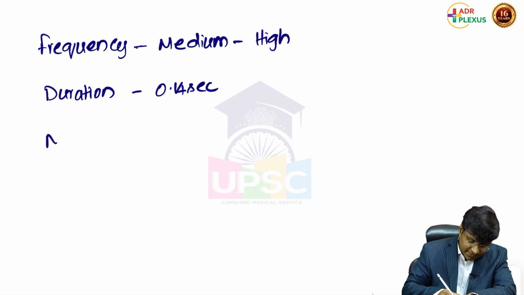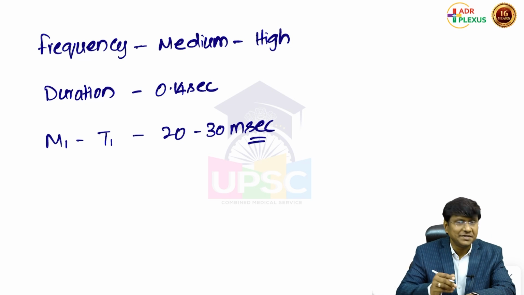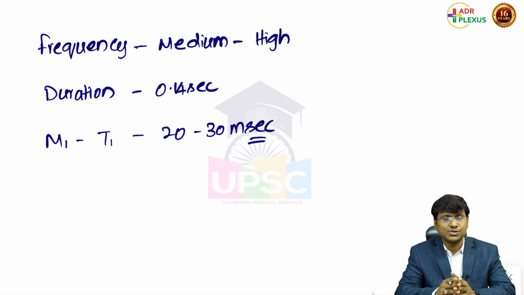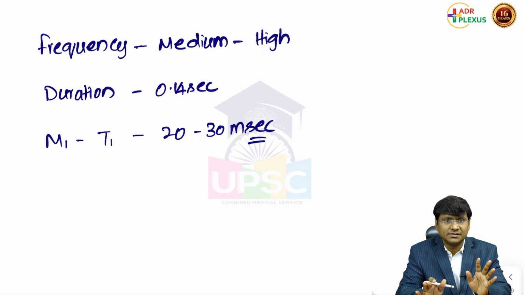And if you take the interval between M1 and T1, it is around 20 to 30 milliseconds. So you don't have a split now. Right? If the duration is only 20 to 30, the split is absent, right?